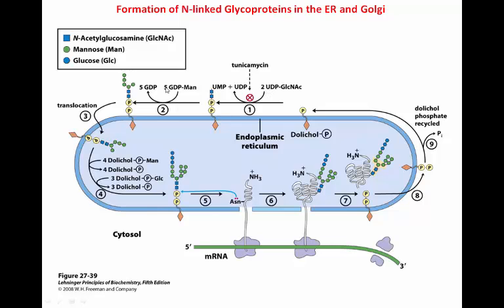And then we take 5 mannoses from 5 GDP mannose. So this is the activated carrier of mannose, GDP mannose, just like UDP N-acetylglucosamine is the activated carrier of N-acetylglucosamine. So we take 5 of these. Here's our 5. They're in green. Remember, our N-acetylglucosamine is in blue.